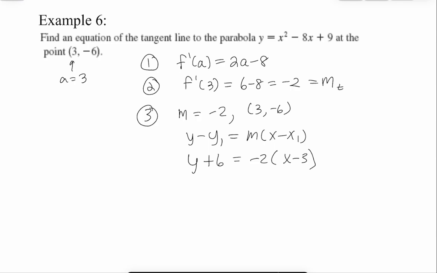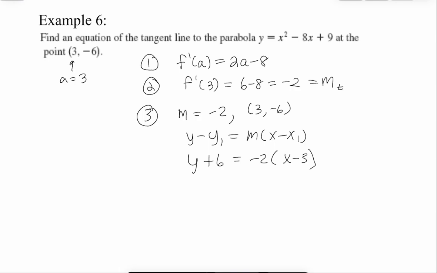Now, I'm okay with you stopping there unless the instructions say to put your answer in slope-intercept form and then solve for y. To solve for y, it's almost always the same procedure. Distribute your slope, move that number. So, hopefully that's not anything surprising to you, okay?